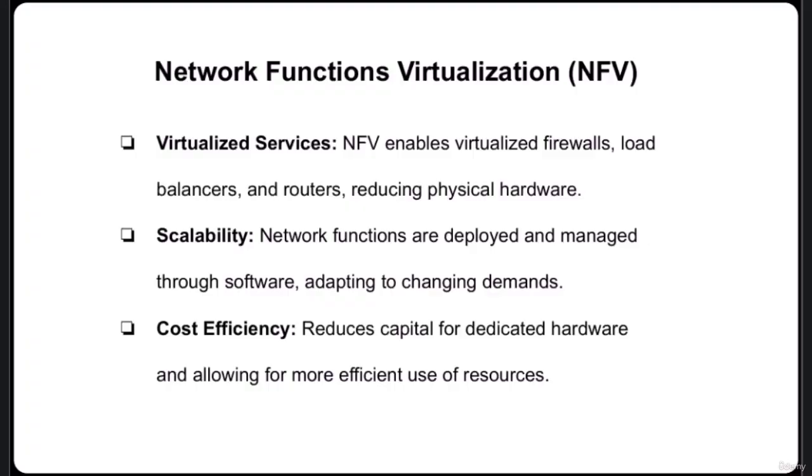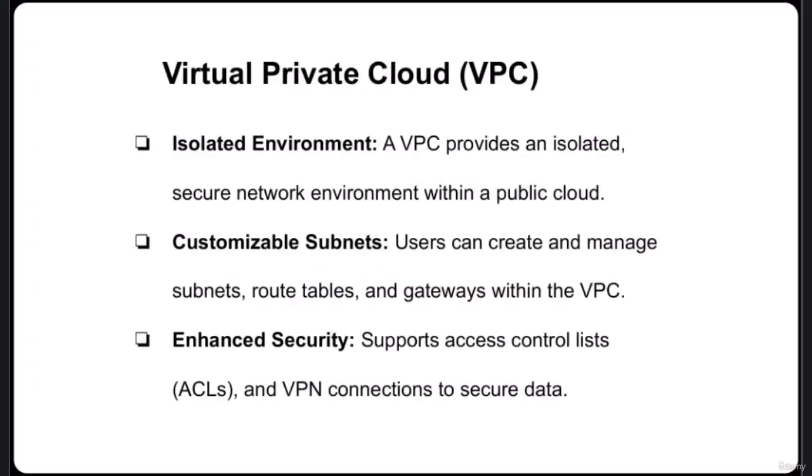Next, we're going to talk about a virtual private cloud, or VPC. And a virtual private cloud is going to be an isolated segment within a public cloud. A virtual private cloud will be an isolated segment of a public cloud that will be controlled and accessible only by one organization.